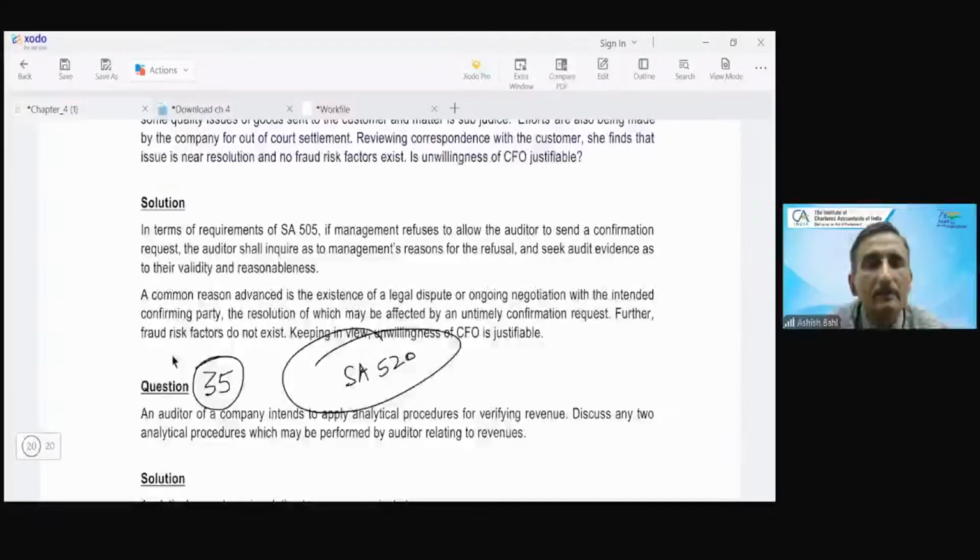Harshit, you have to write analytical procedures.